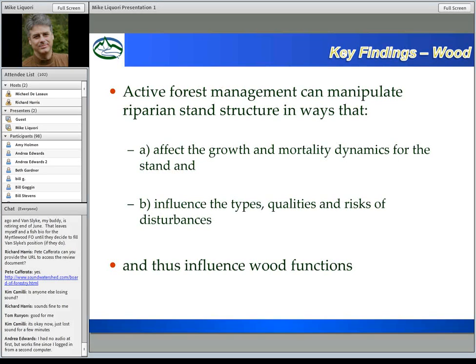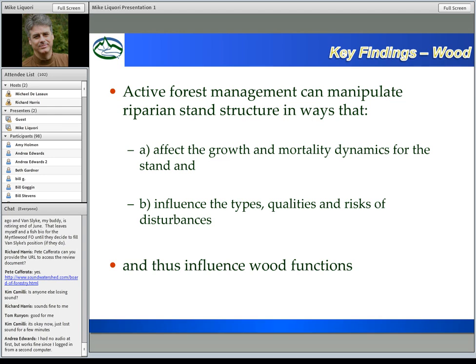We also know that active management can manipulate the riparian structure in ways that affect the growth and mortality dynamics for the stand. So if you're looking to increase the tree diameter, for example, because the trees in the riparian zone are too small to contribute to the function of the channel, then you might want to do some riparian thinning to increase the growth of those trees.